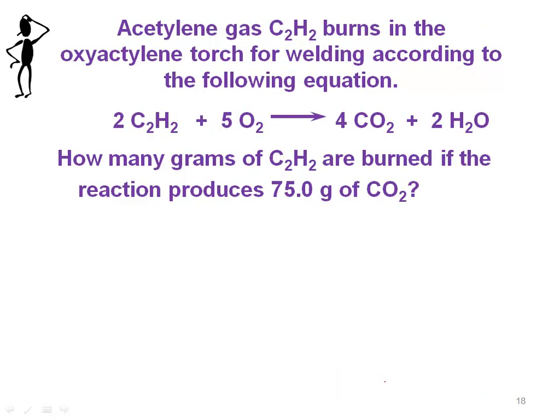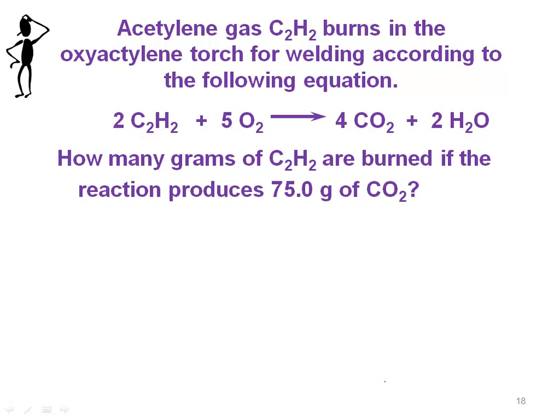So here's another practice problem with acetylene. Acetylene gas, C2H2, burns in the oxyacetylene torch for welding according to this equation. The question would be, how many grams are burned if the reaction produces 75.0 grams of CO2?